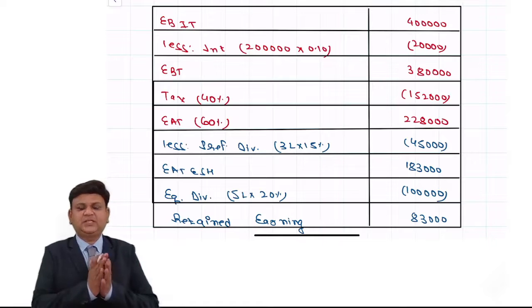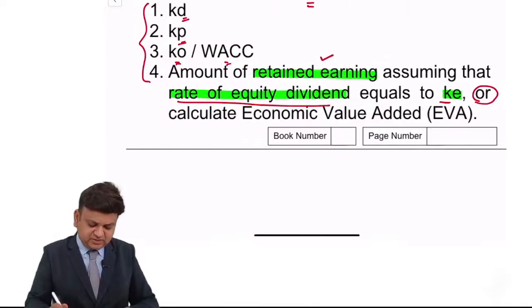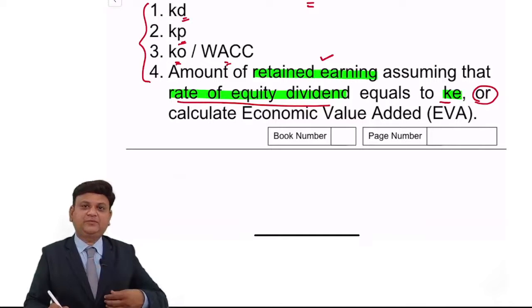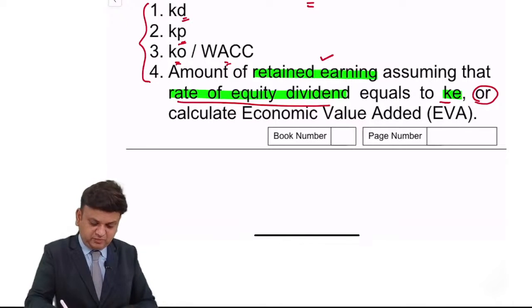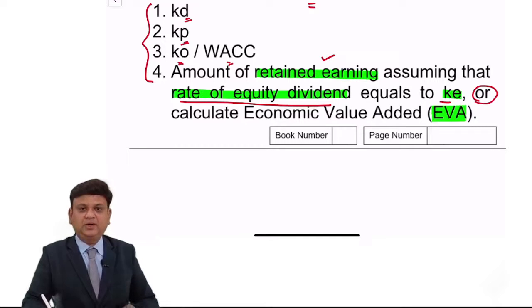Now friends, this is the normal working that we have understood so far. Nothing is great about this. However, now the important point of the question that I want to explain to you is that you are required to compute the economic value added. What do we understand by the term economic value added?